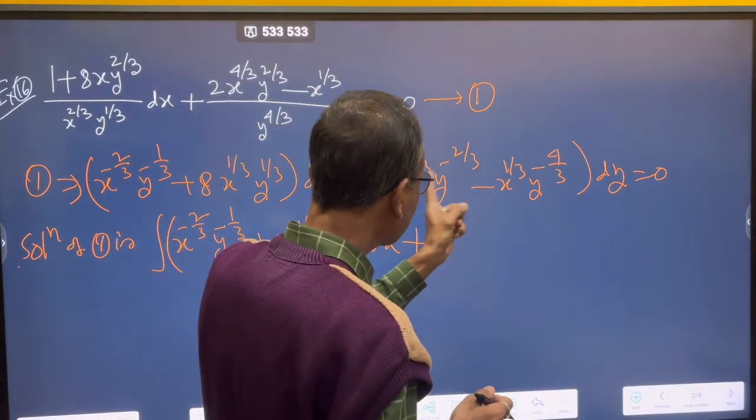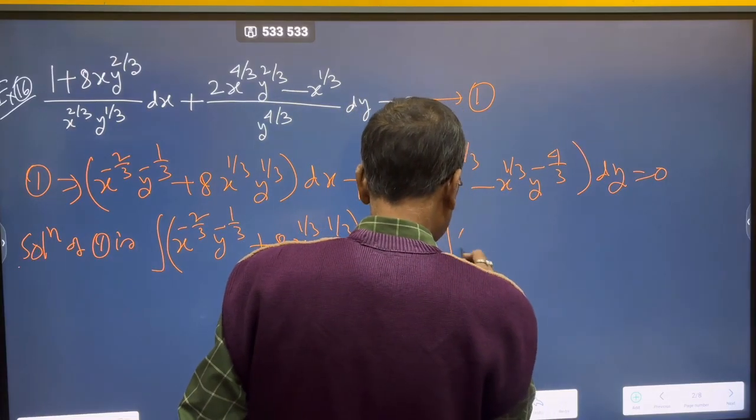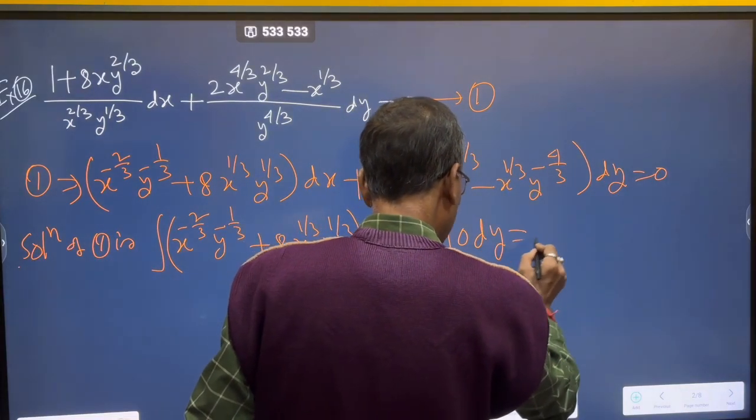No, this contains x, this contains x. Therefore, no term is there. dy equal to constant.